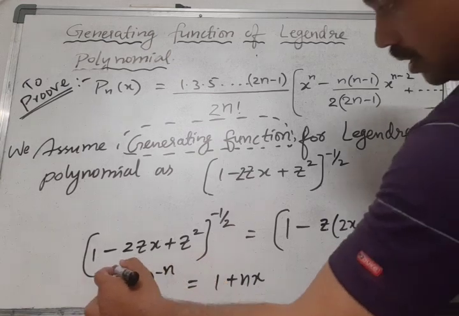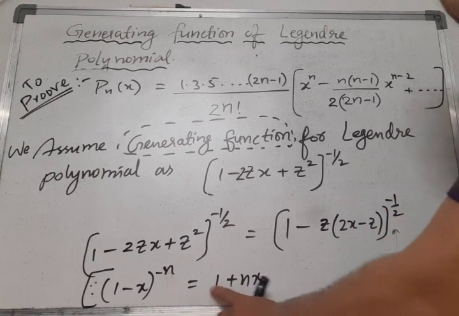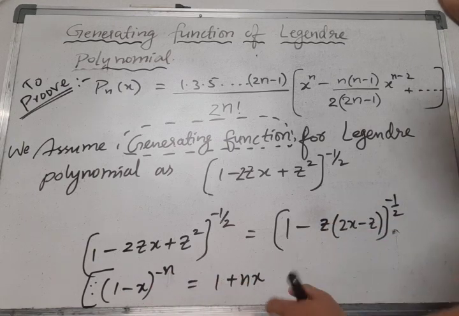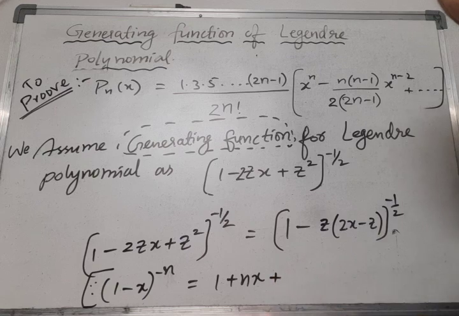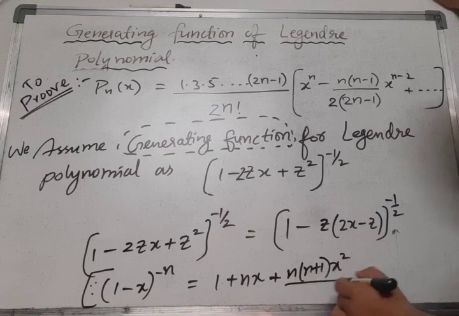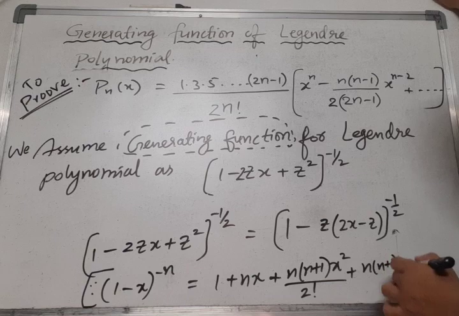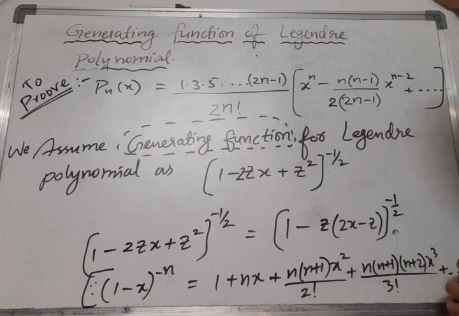This is the formula for us: 1 minus x whole power minus n is equal to 1 plus nx plus n into n plus 1 x square by 2 factorial plus n into n plus 1 into n plus 2 into x cube by 3 factorial plus and so on.